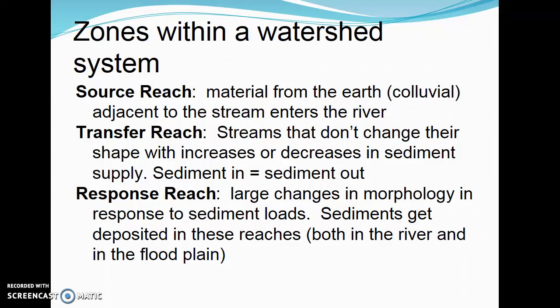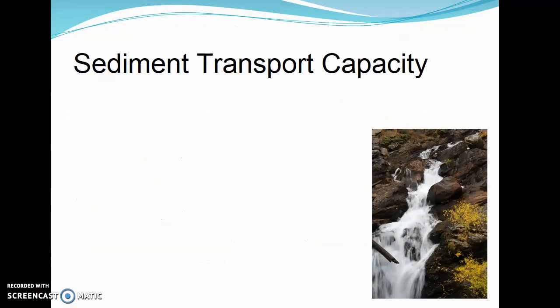So usually sediments get deposited in these reaches, and therefore because that sediment is getting dropped out or deposited, you're going to see changes in the river and its shape, and you're going to have those depositions happening both in the river and in the floodplain of the river.